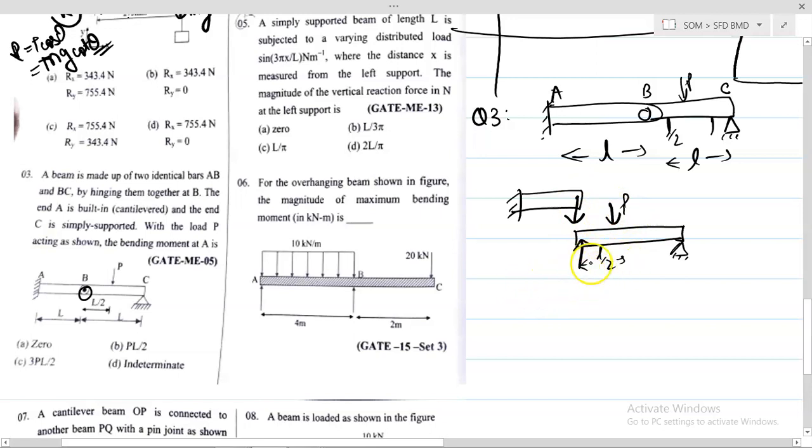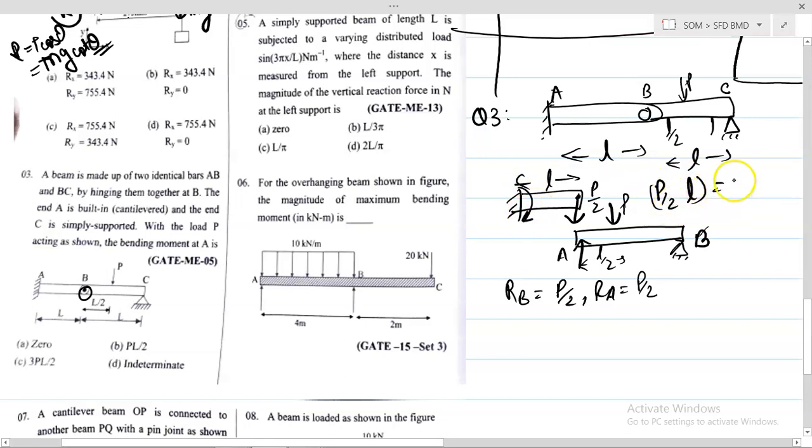This is point B, this is point A. So RB would be P by 2, and RA would be P by 2. Now this distance is L. So the moment at the fixed support is P by 2 into L, that is equal to PL by 2. The answer is B.